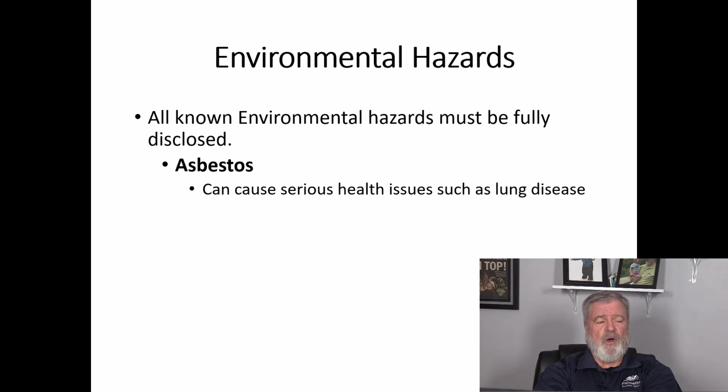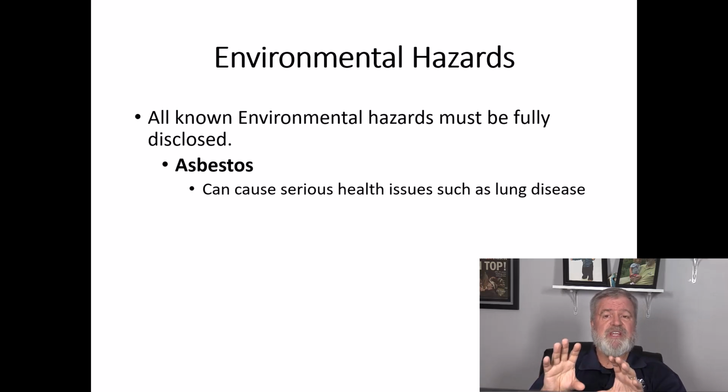You probably at least know a little bit about each one, but they're all important. Now, first of all, why do we even need to know about them? Is it possible that the law would require, if any of these environmental hazards exist in or on the property you're selling, do you think that would have to be disclosed to the buyer? Absolutely.